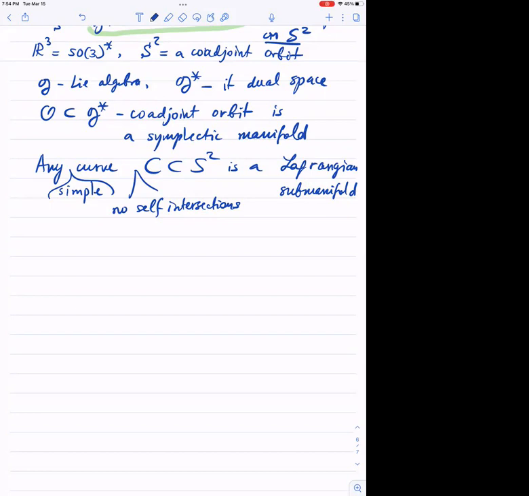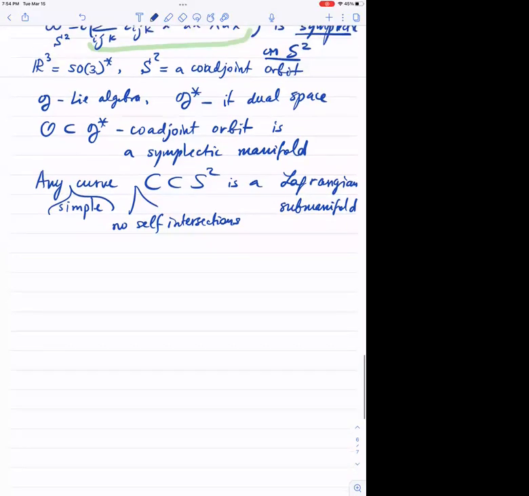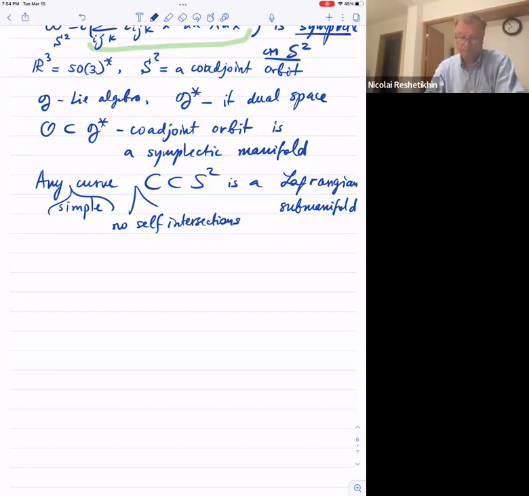For the dual space example, for the Lie dual algebra example, what is the symplectic form? Okay. So G is a Lie algebra.